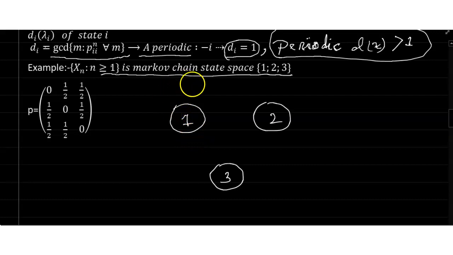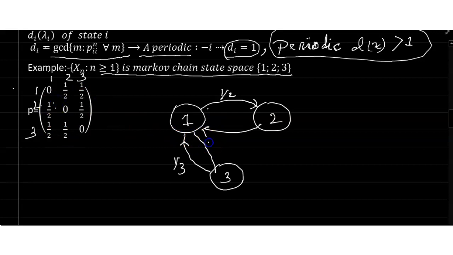Sorry, 0, 1, 2, 3 is not my state space. 1, 2, 3 is my state space. So I have to write this way: from 1 to 2 is half, 2 to 1 is half, 1 to 3 and 3 to 1 is half.